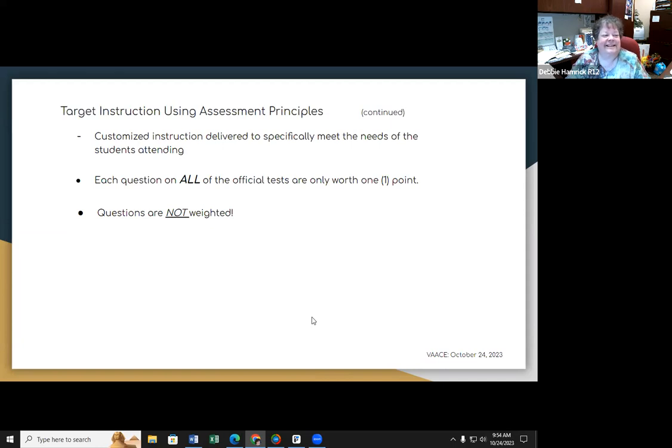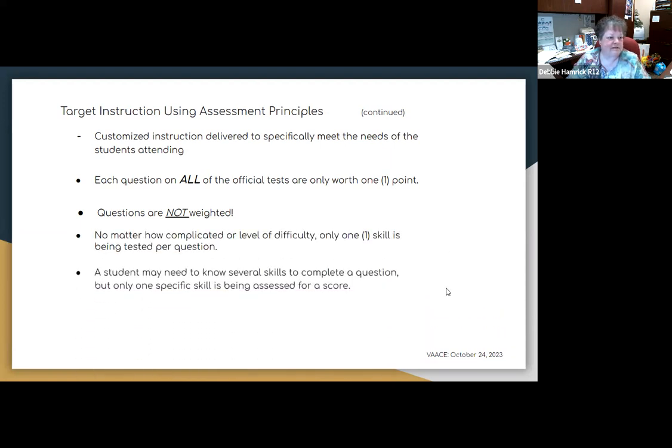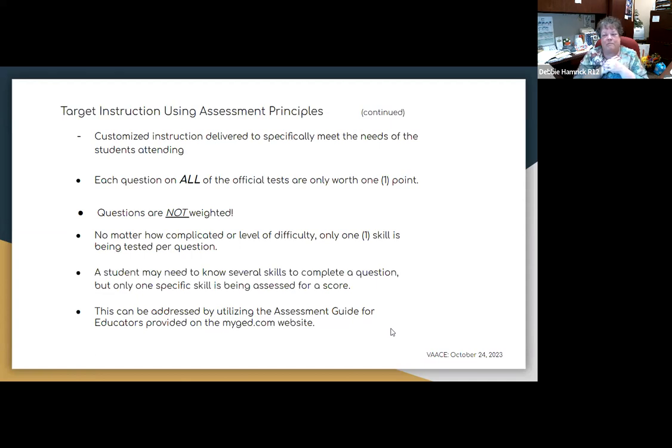Math reasoning. Thank you, Stacy. One of the ways that Michael Bell told us that we can help students get that scaffolding that somebody was asking about, if they can't do A and B, they can't get to C, is using the assessment guide for educators.